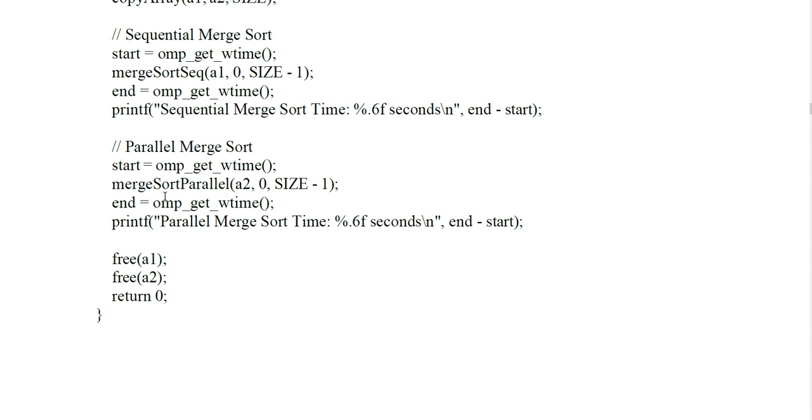Coming to the complexity, sequential is simpler and parallel is slightly more complex compared to sequential. In the use case, we use small data under sequential merge sort, and large data can be used under parallel merge sort.